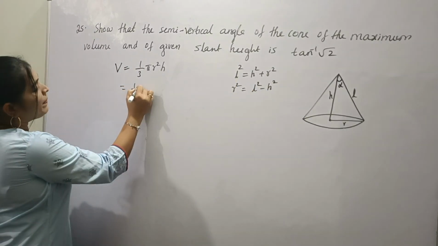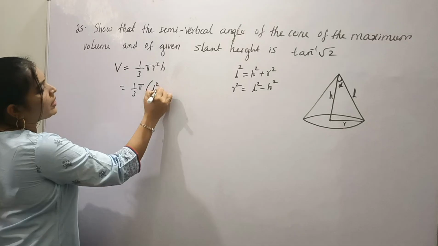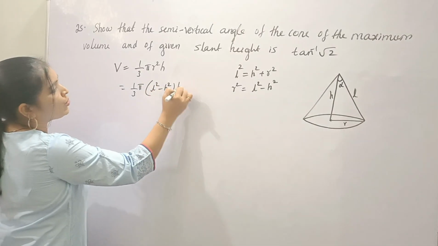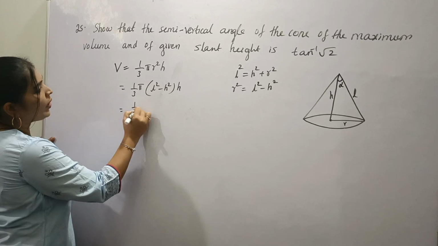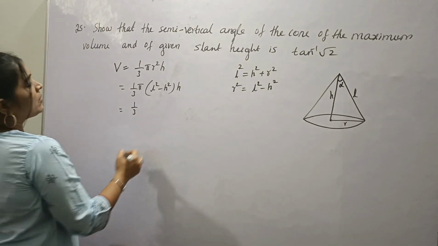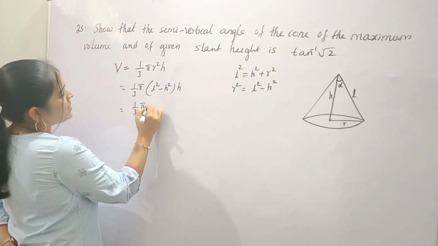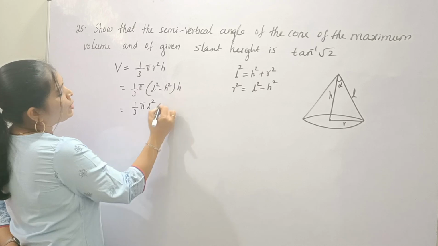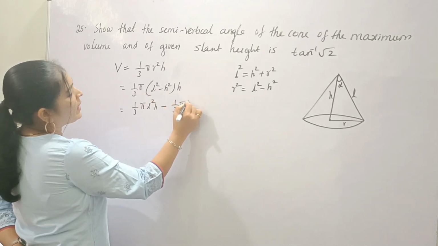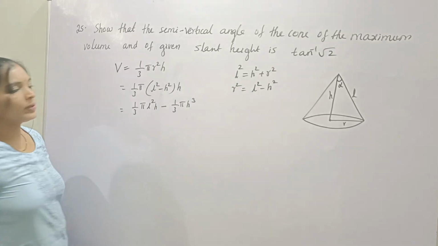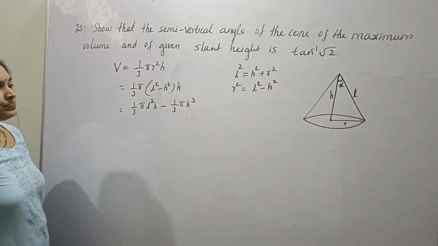So 1 by 3 pi into L square minus h square into h. Then that is equal to 1 by 3 pi L square into h minus 1 by 3 pi h cube. Okay, so it is our V.